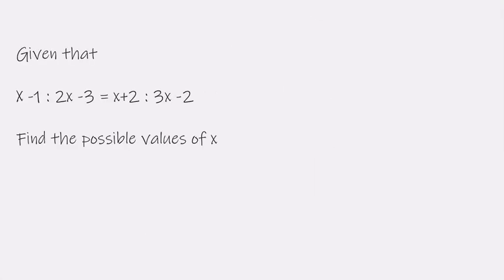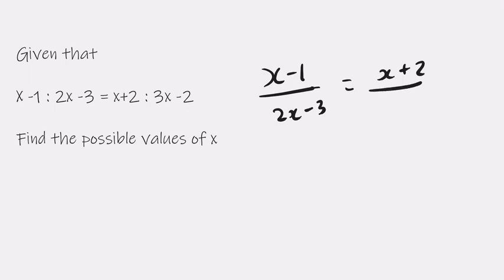Given that x minus 1 to 2x minus 3 is the same ratio as x plus 2 to 3x minus 2, find all the possible values of x. If it's the same ratio, what we can determine is that x minus 1 over 2x minus 3 is the same as x plus 2 over 3x minus 2.